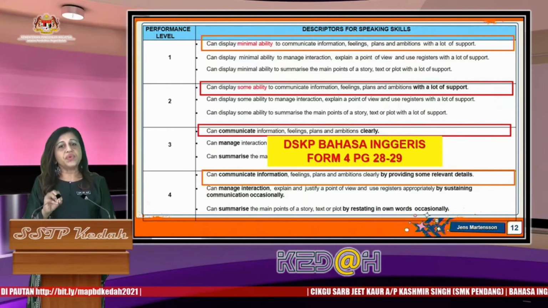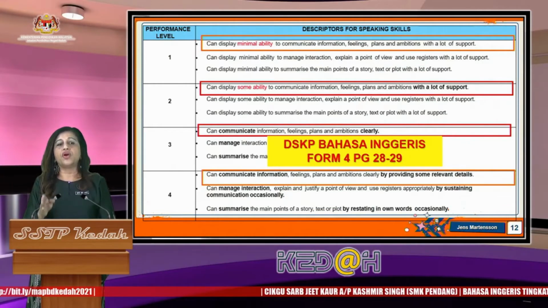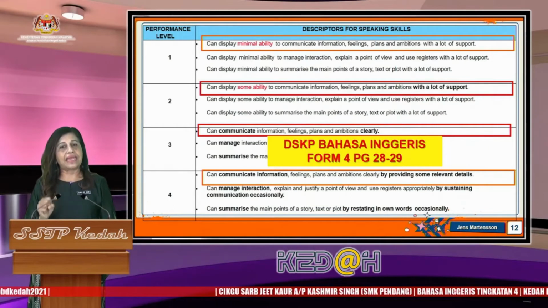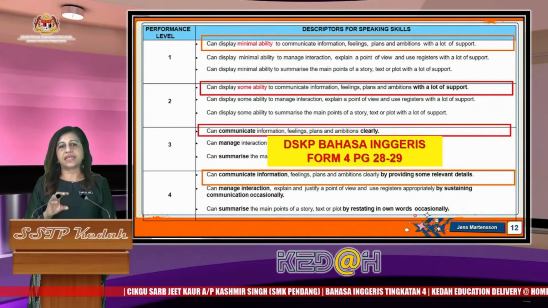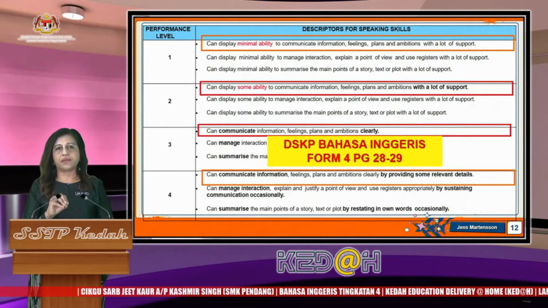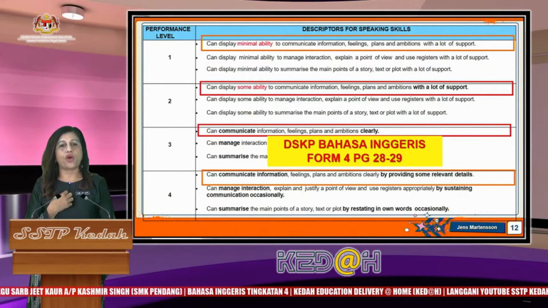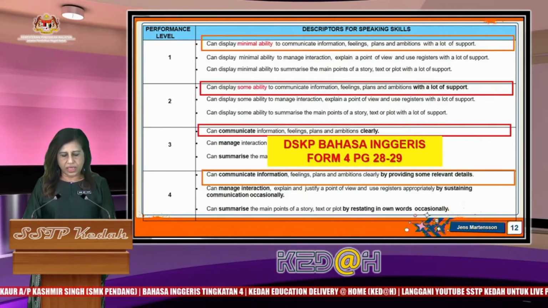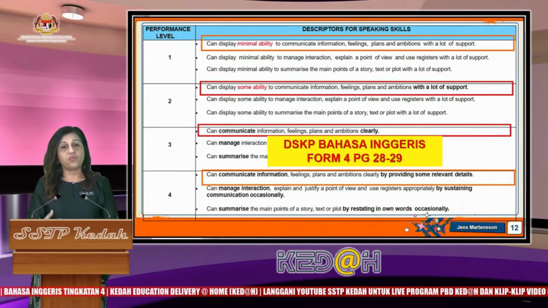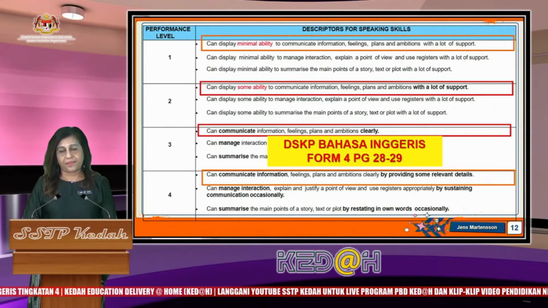And teachers, you decide on which descriptor suits your learning standard and learning objectives. Well, as you can see on the screen, the descriptors that I have inboxed are the descriptors which suit my learning standard and also my learning objectives. And teachers, you need to highlight the keywords and also make notes so that you are well versed with the descriptors. It will help you in awarding your pupils' performance, teachers.